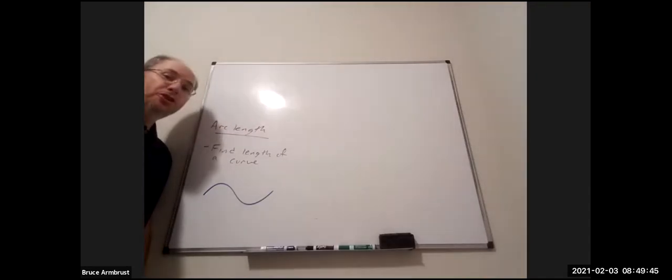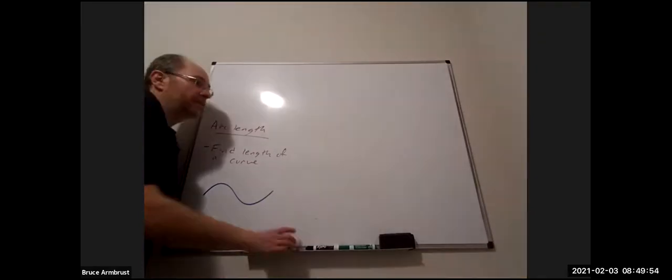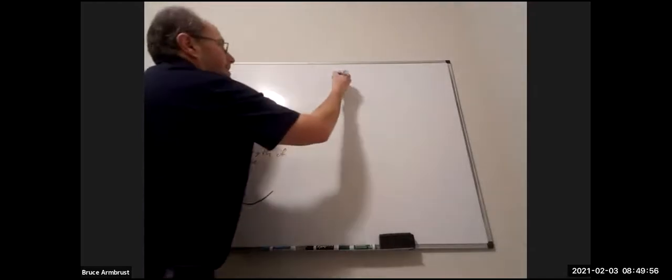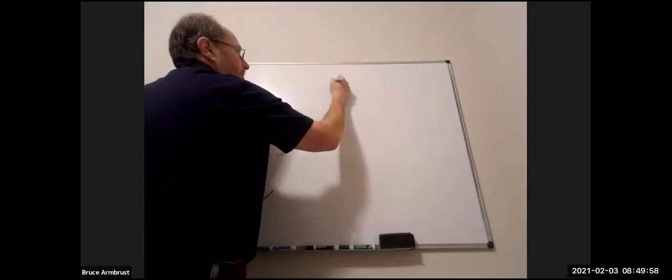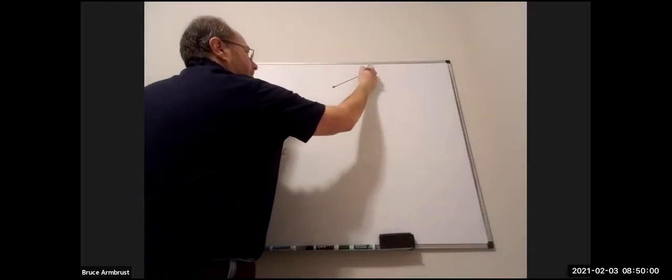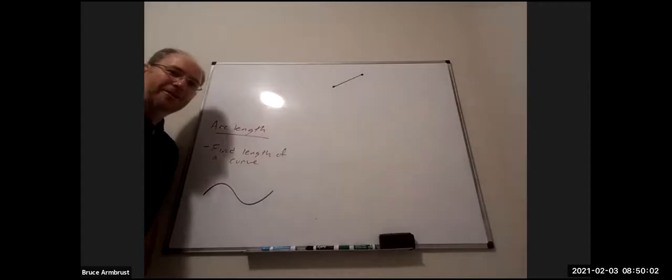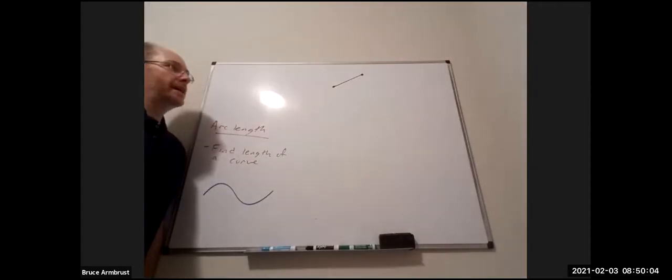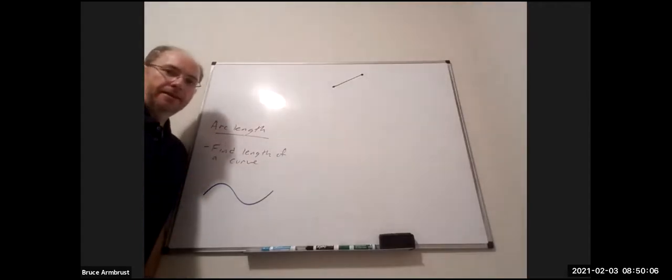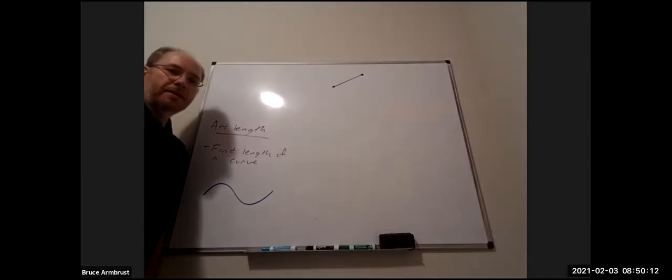Well, to do this, we probably need to remember how to do arc lengths of easy ones, which are line segments. So suppose I gave you a line segment, the easiest curve out there, and I said, determine its length. How do you do that mathematically? Does anybody remember how you find the length of a line segment?